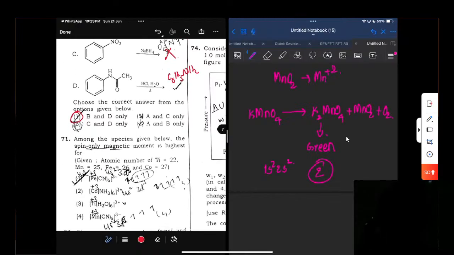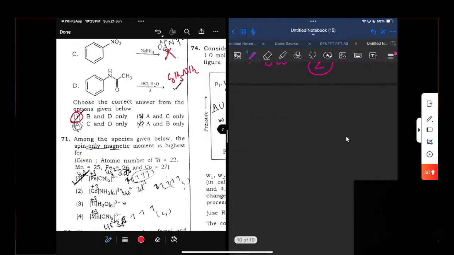Next, 71. Among the species given below, spin-only magnetic moment is higher for... For calculation of spin-only magnetic moment, we want the square root of n into n plus 2, where n is the number of unpaired electrons present.